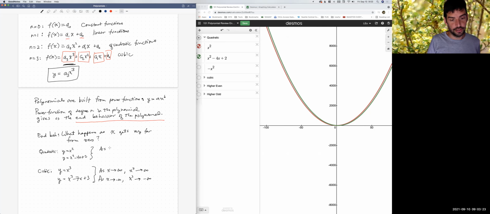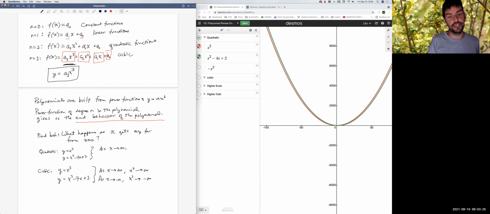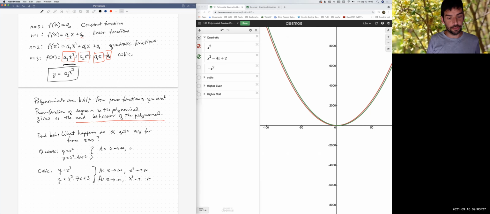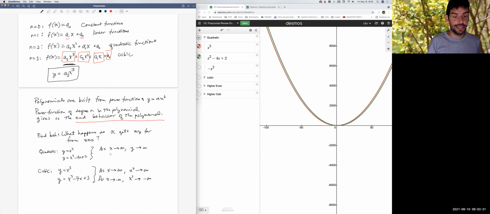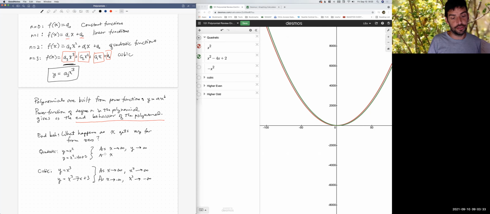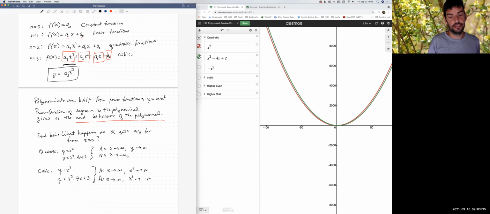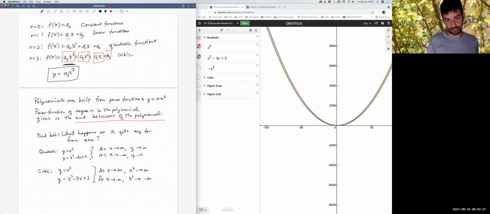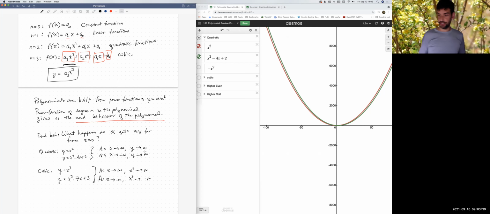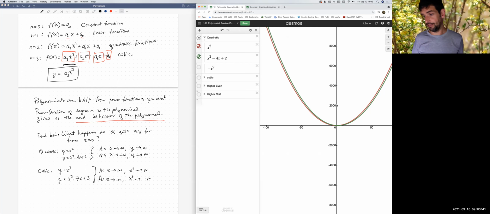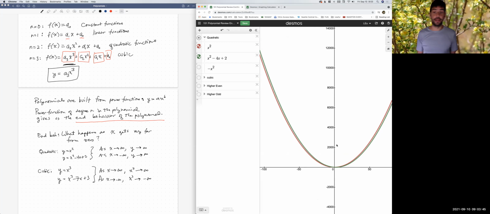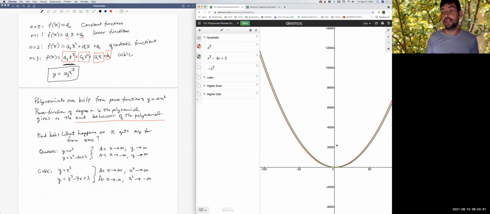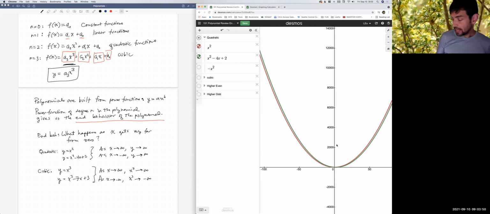As x goes to infinity, y also goes to infinity. As x goes to negative infinity, because of that squaring, we still go to infinity. On both sides of this graph, as x gets larger and larger, y gets larger and larger. And this is what we mean by the end behavior.